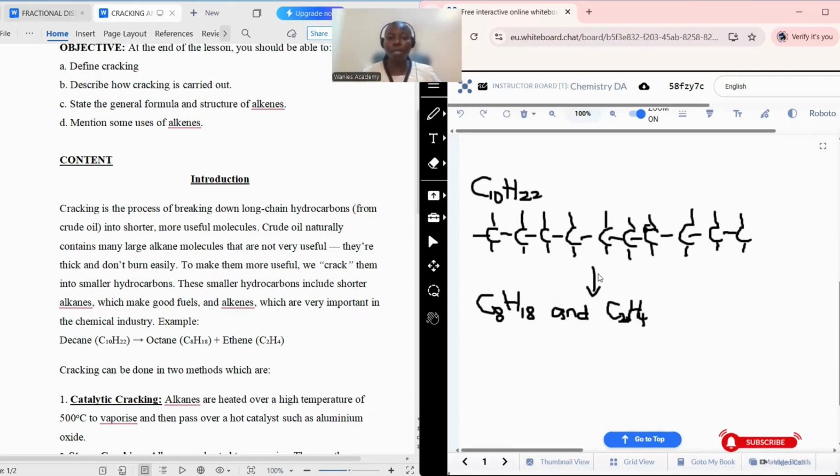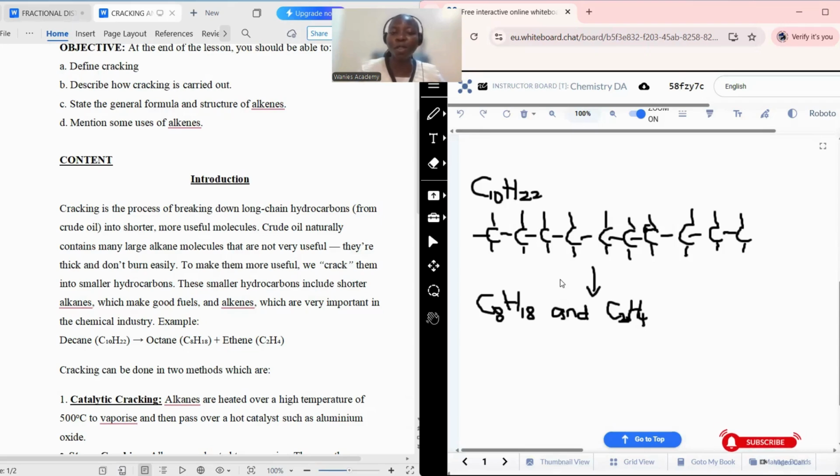Now you need to note this. Whenever we crack a large hydrocarbon, the product and the reactants have to be the same in the sense that the carbon atoms of your product has to be the same as the carbon atoms of your reactant. Just like decane, we have 10 carbon atoms. Then in octane and ethene, we have 8 carbon atoms from octane and 2 carbon atoms from ethene.